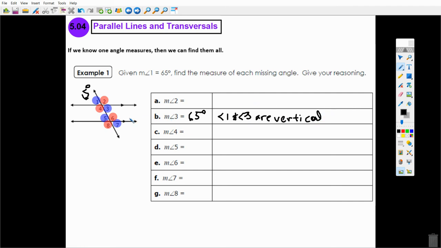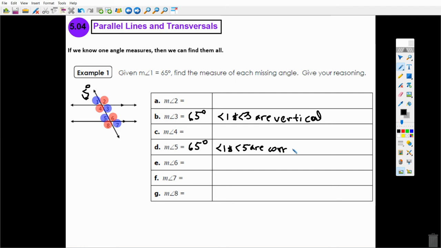Then if I want to find angle 5, I could fill that in because angle 1 and angle 5 are going to be 65. They're the same color, but we also call that corresponding angles. So angle 1 and angle 5 are corresponding.